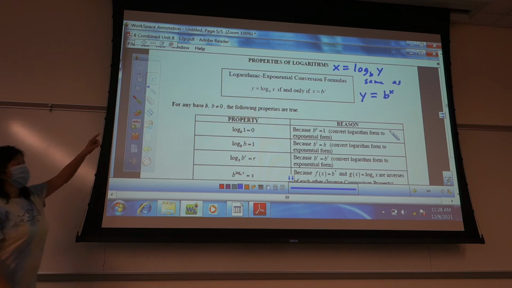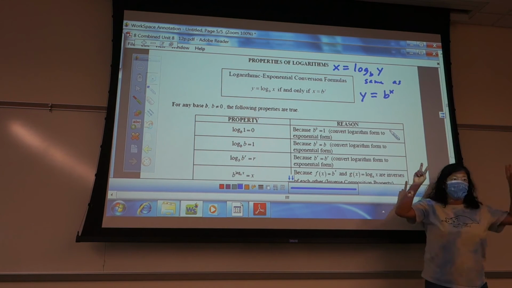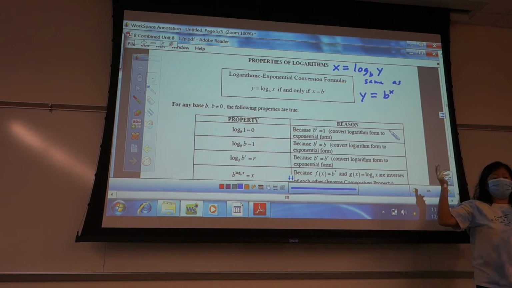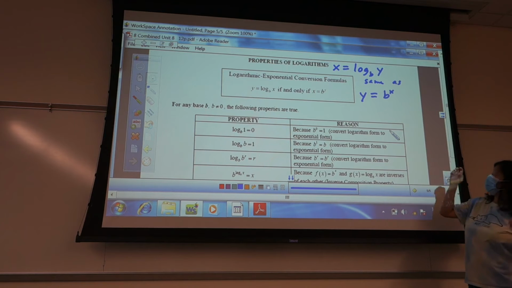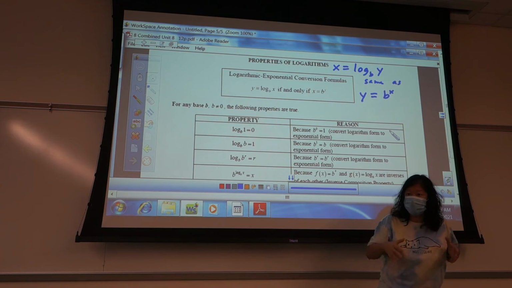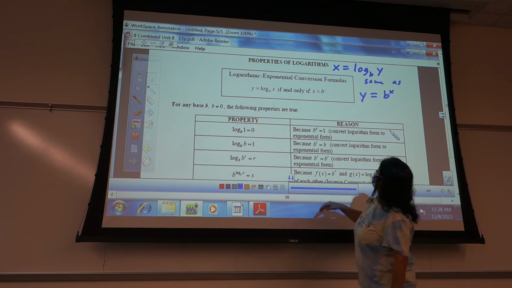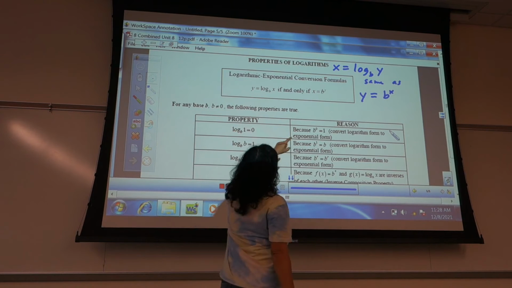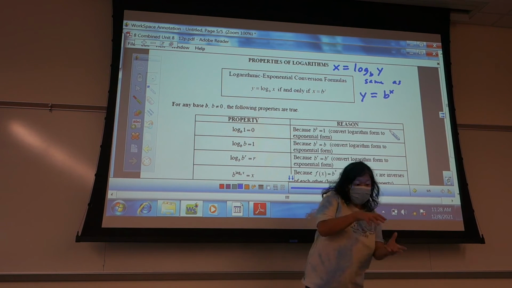So this is how you get back and forth between the two. You remember that y is kind of like your answer. I call it my answer. If anybody has a better option for it, then let me know. E is my base, right? The thing you're sitting on, and then you're raising it to the exponent. X is the exponent.